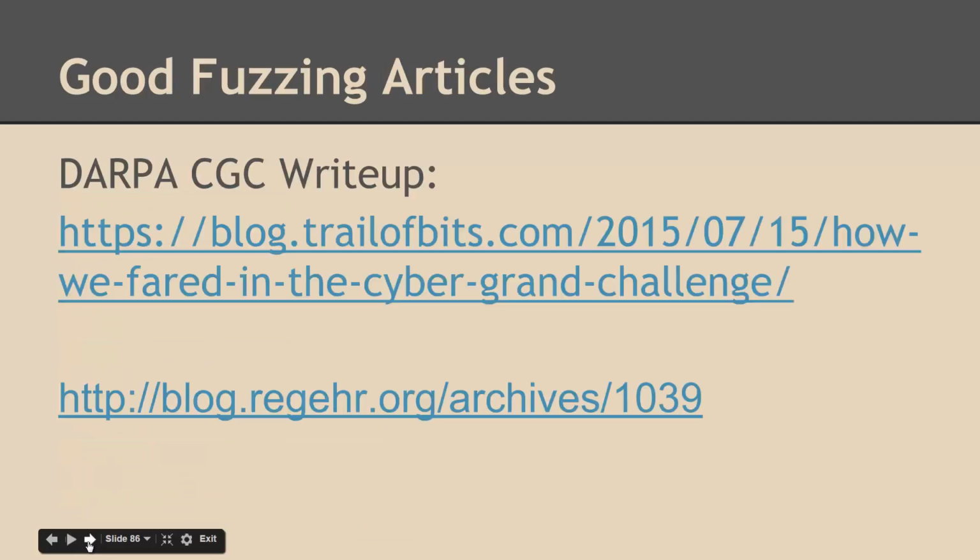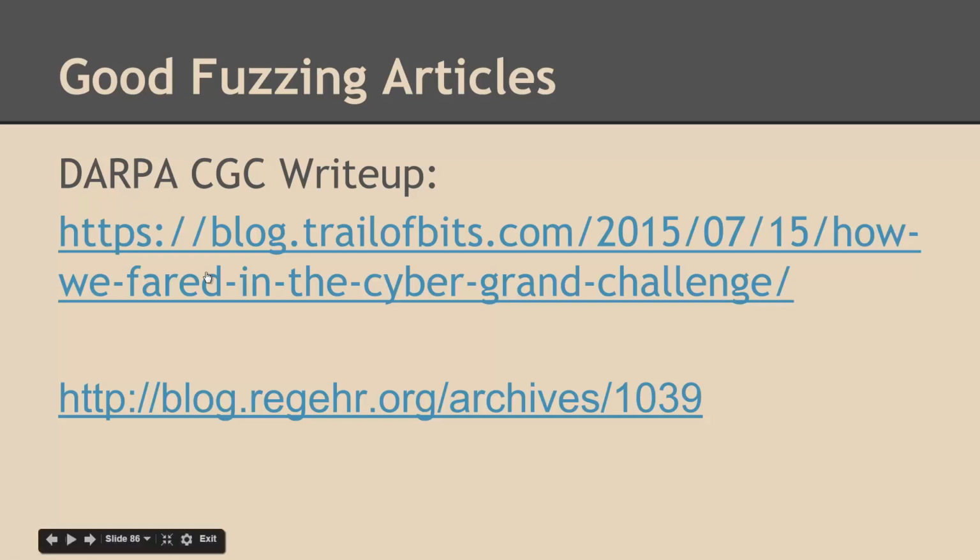This is a blog article that's worth reading from Trail of Bits. It's about the DARPA Cyber Grand Challenge, which is a competition to automate fuzzing, landing of exploits, and patching of vulnerabilities, and much, much more.